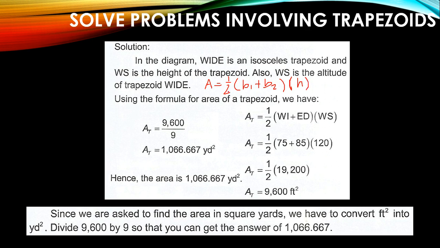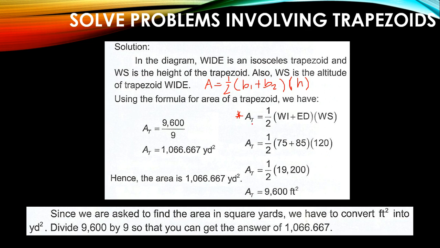So, this is the formula for the area of a trapezoid. That is 1/2 times base sub 1 plus base sub 2 times the height. And this is A sub T. The T represents the trapezoid. A sub T represents the area of the trapezoid. So, that is equals 1/2 plus, not plus. Again, so let's go back.